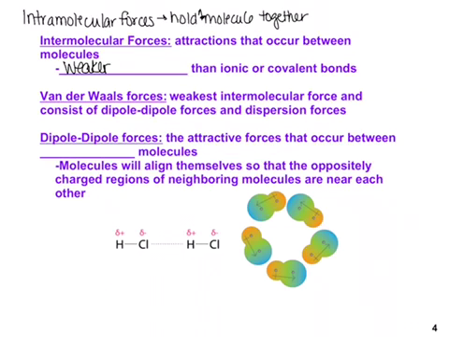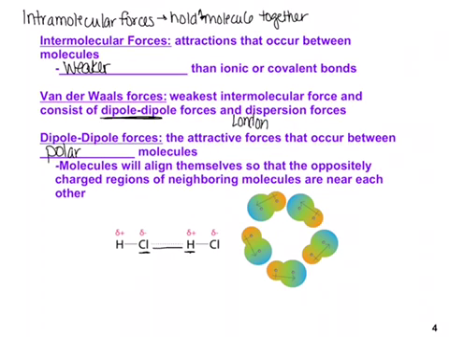So we have van der Waals forces, and these are the weakest intermolecular force, and they consist of two types. We can either have dipole-dipole forces, or London dispersion forces, named after the guy who discovered them. A dipole-dipole force is the attractive force that occurs between polar molecules, and this is the attraction of the partially positive or partially negative end of one molecule to the partially positive or negative side of the other molecule.